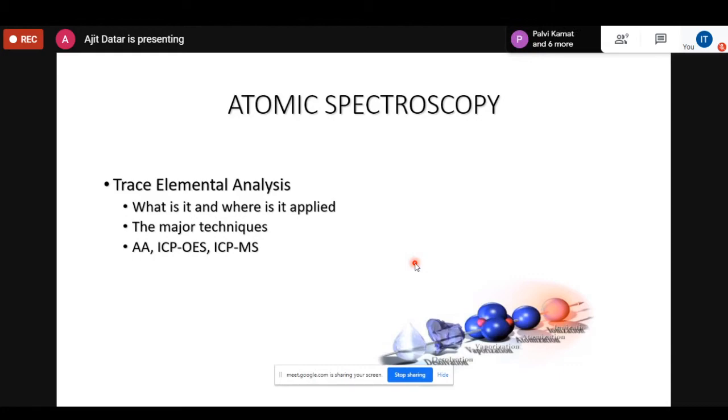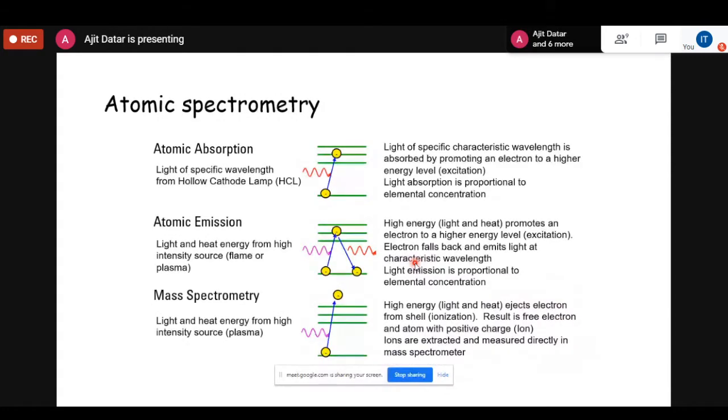So there are three ways we can talk about. When we talk about atomic absorption, the atomization is done in the flame. Of course, you have a sample prepared, and the solution is aspirated into the flame. The flame will decompose the molecule and it will form individual atoms.